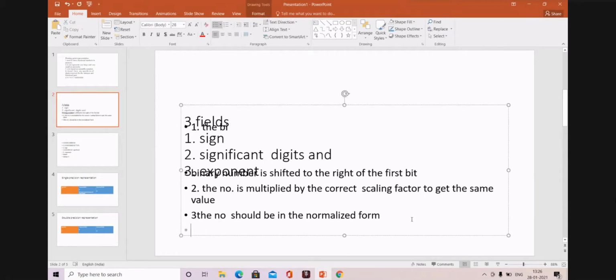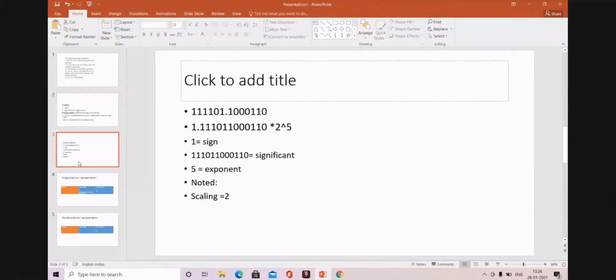The fourth is your scaling factor, but this does not need to appear in the machine representation. So that's why we have considered only these three parts: sign, significant, and exponent. All right, this is how we are going to represent floating point numbers.